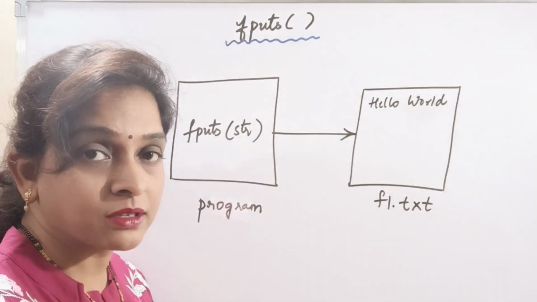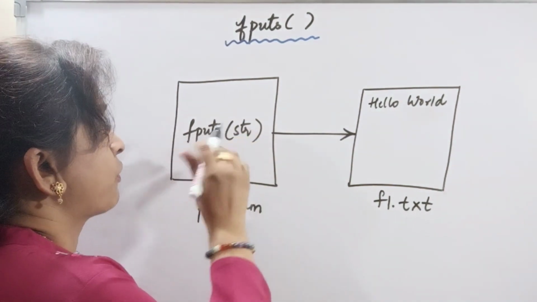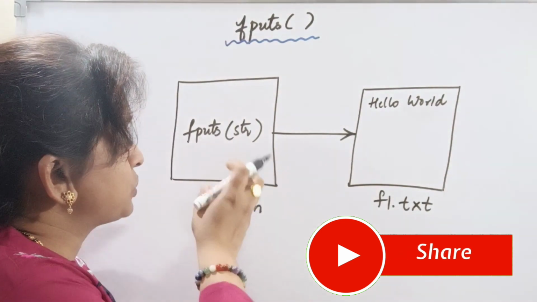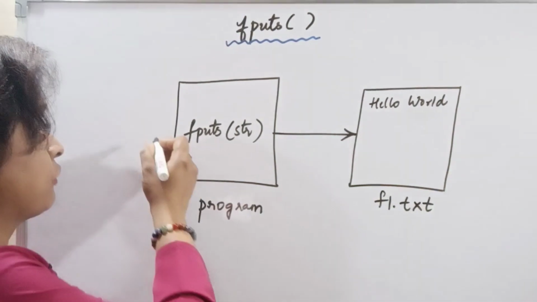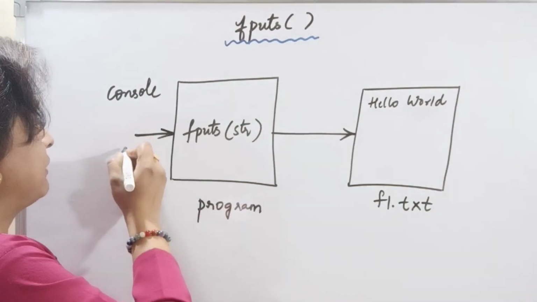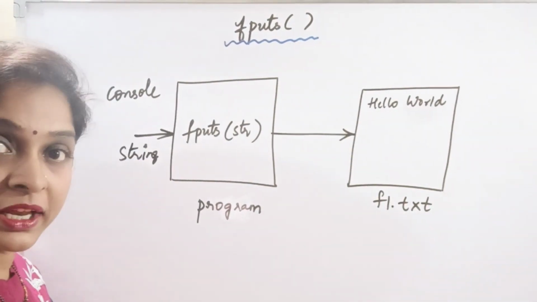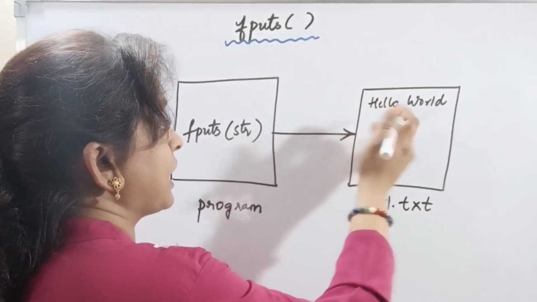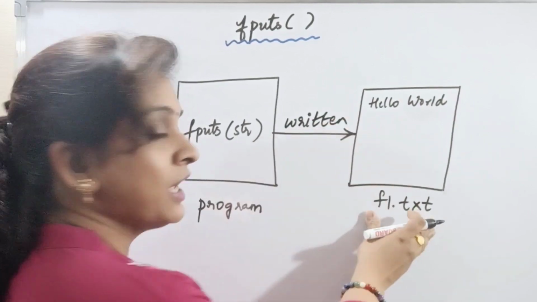fputs. This function is going to put the entire string, S stands for string, to the file. So the string has to be accepted from the console first. From the console, we need to input the string, so that string has to be written into the file.